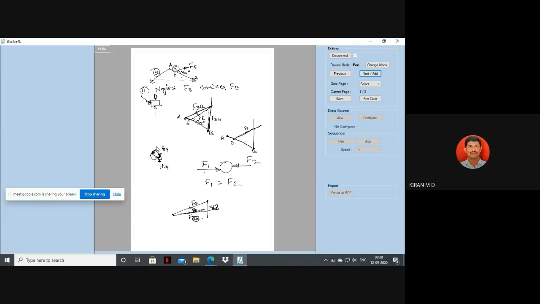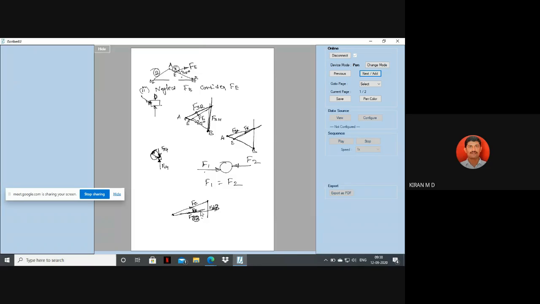Then you join that intersection point to A, and you will get the direction of F32 or F23. Use this F32 direction here. So you draw the triangle.